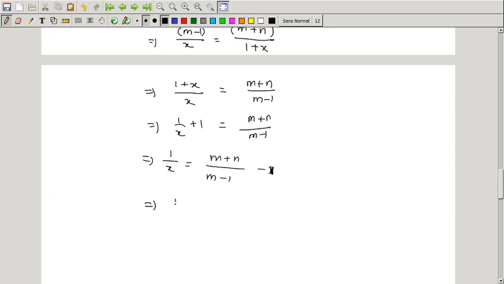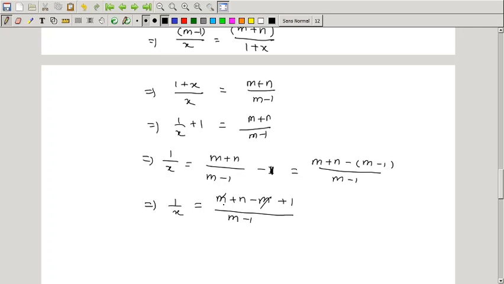Okay. So that is equal to (m plus n minus m plus 1) upon (m minus 1). So 1 upon x is equal to (m plus n minus m plus 1) divided by (m minus 1).